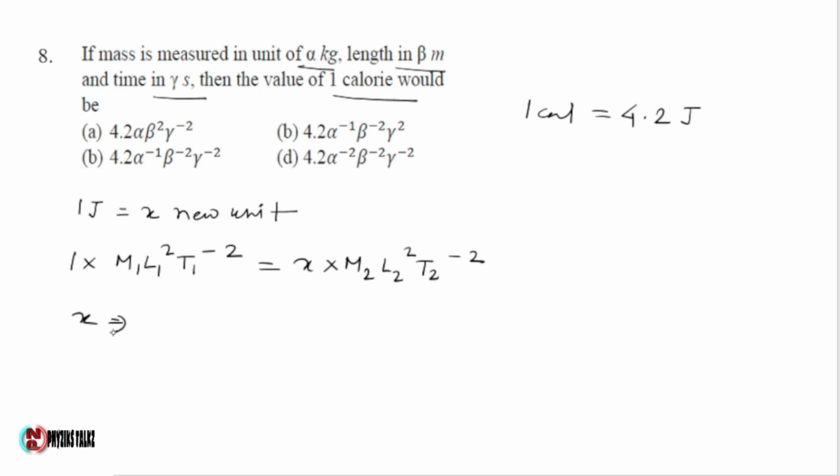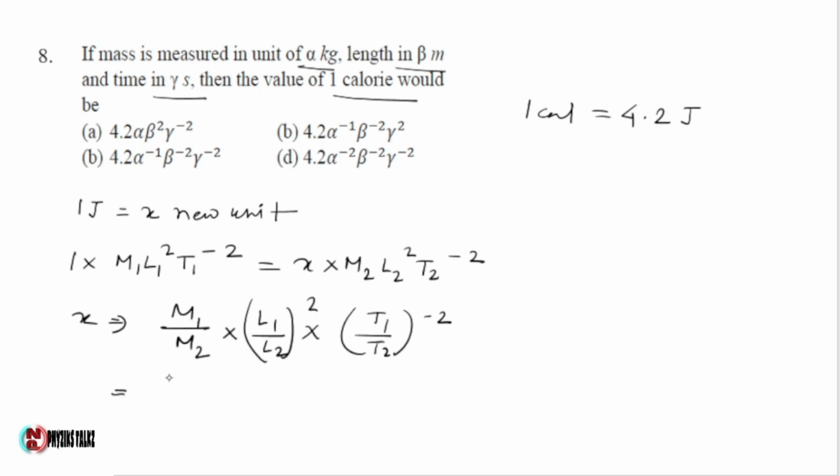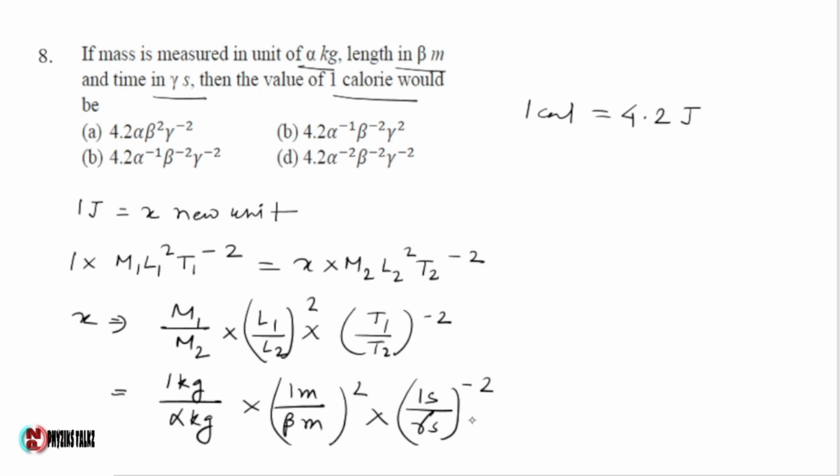Now x is given by m1 by m2 into l1 by l2 square and t1 by t2 whole to the power minus 2, which gives m1 is 1 kg, m2 in new system is alpha kg, l1 is 1 meter, l2 in new system is beta meter, and t1 is 1 second and t2 is gamma second, to the power minus 2, which gives alpha inverse beta minus 2 gamma square.